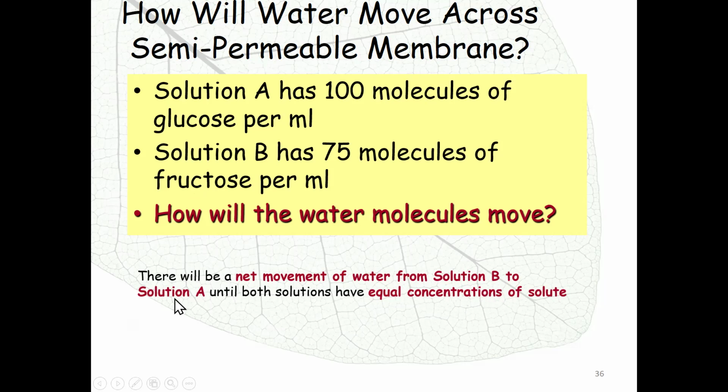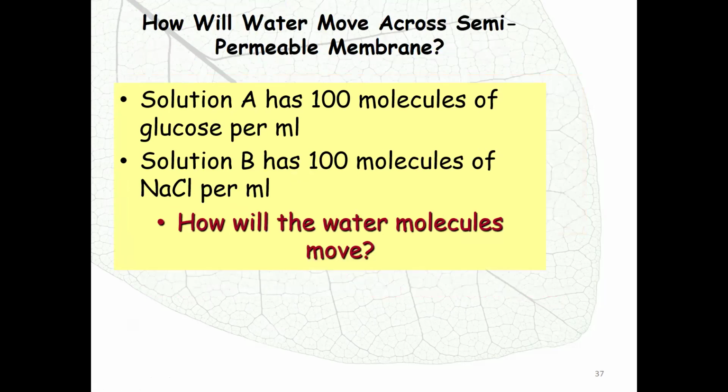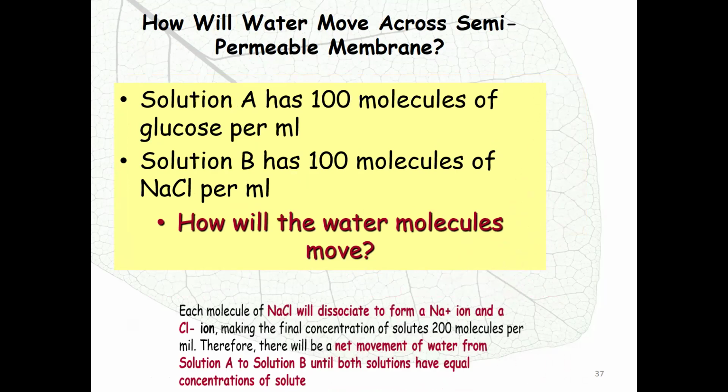So water moves from B to A until both solutions have an equal concentration of solute. So that is how water moves across the semi-permeable membrane. There are some questions of this type.